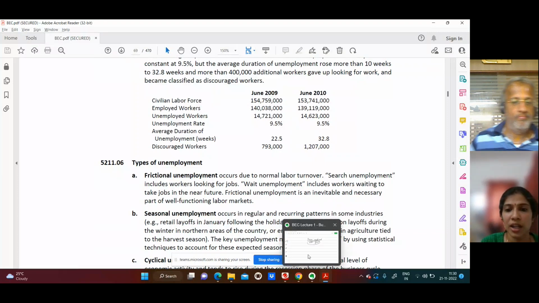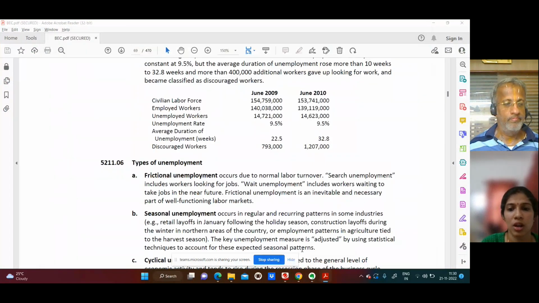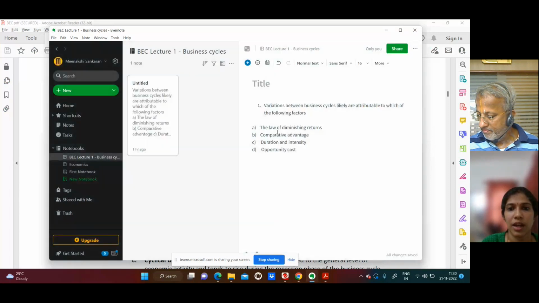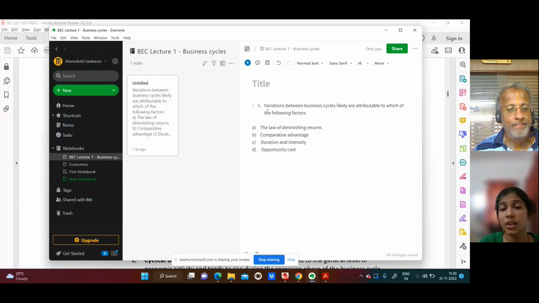So I had taken one question on business cycles so that you understand how questions are being asked. There are any number of questions in the simulation models and in the application, but just for you to understand how it is going to be, because it's the initial stages of learning.